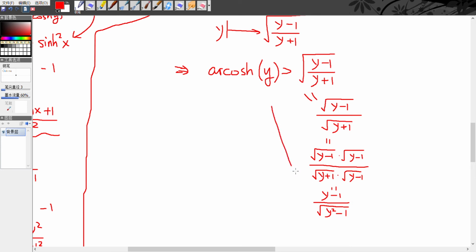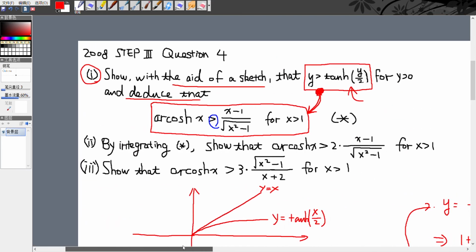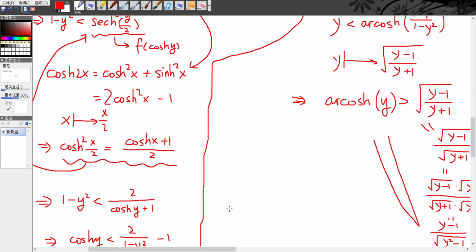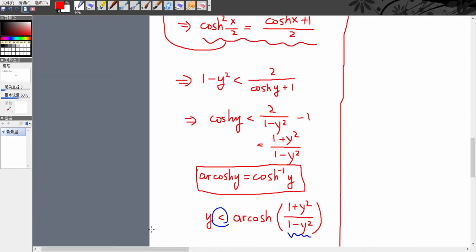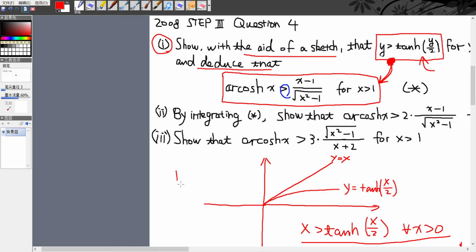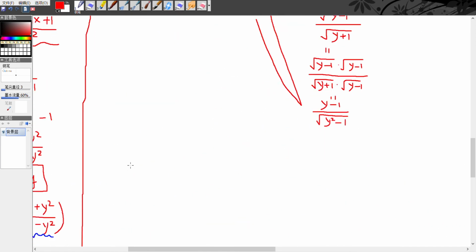And this forms the inequality we want in the first question. So this is our first question, and this is our second question.